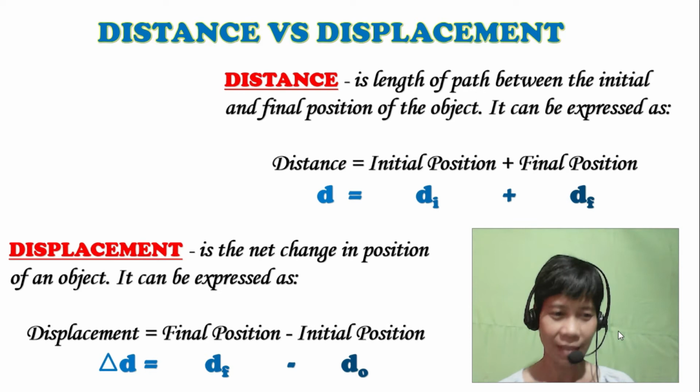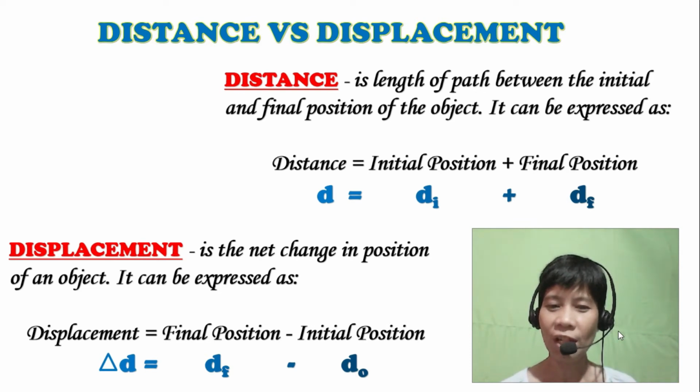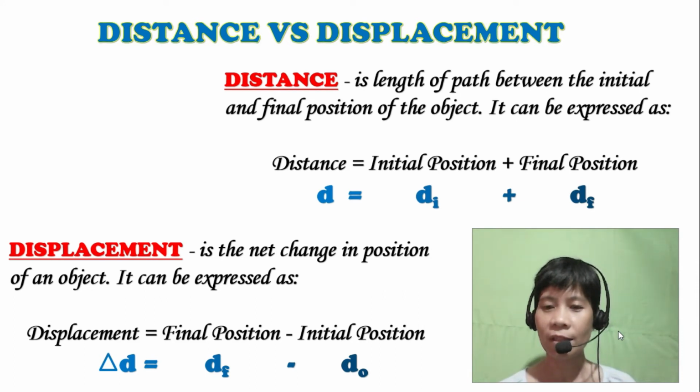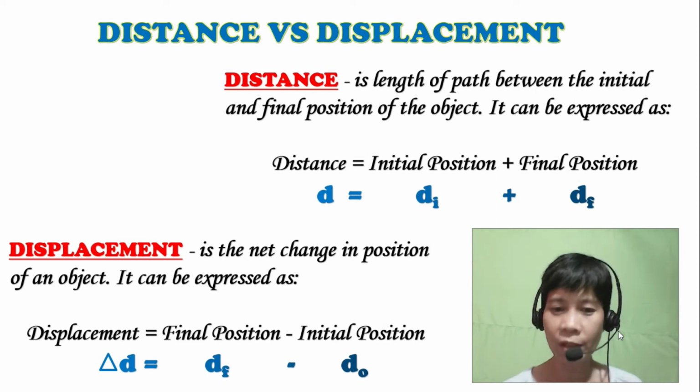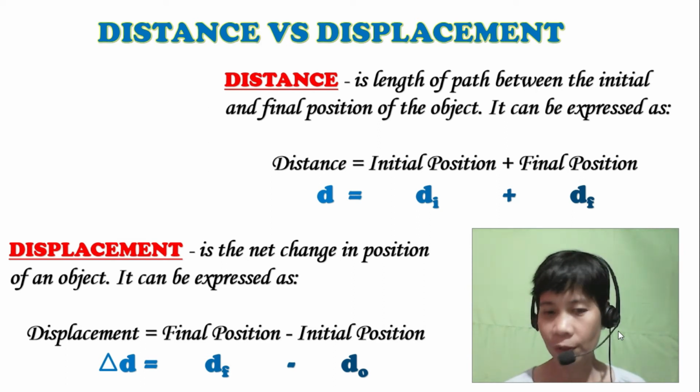It can be expressed as displacement is equal to final position minus initial position. So the formula is displacement, delta d, is equal to df minus di. The triangle means delta. It is a Greek word which means change, so change in position. df means final position, and di is the origin or the initial position.